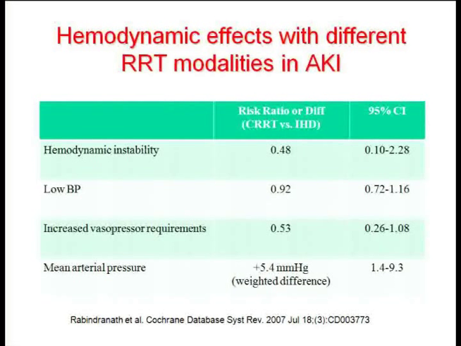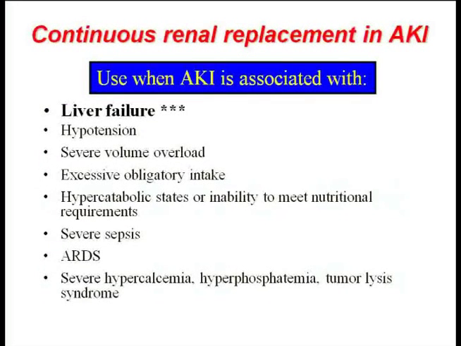Mean arterial pressure, as you see on the bottom, does increase a little bit when patients are on a continuous modality. So who should be on a continuous modality? Well, I'm not going to show you the primary data, but the only one for which there's general agreement are people with liver failure.